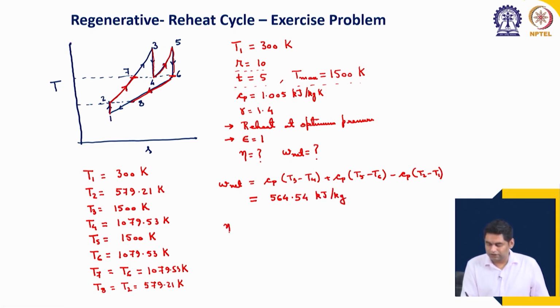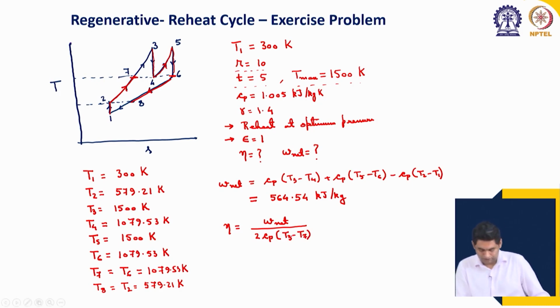The efficiency on the other hand is equal to W net by net heat input. In this case, the net heat input is 2 into Cp, because both the heat inputs are equal. I will write in terms of one of them, T3 minus T7, or you can write Cp (T3 minus T7) plus (T5 minus T4).